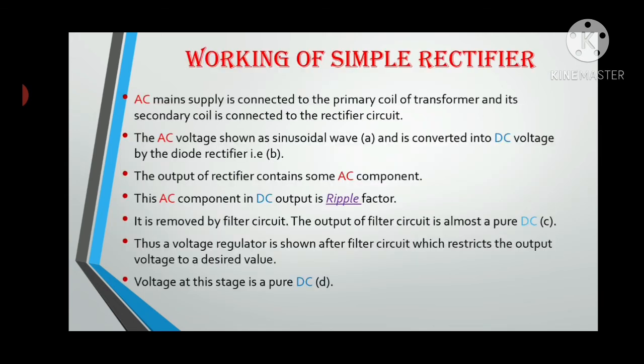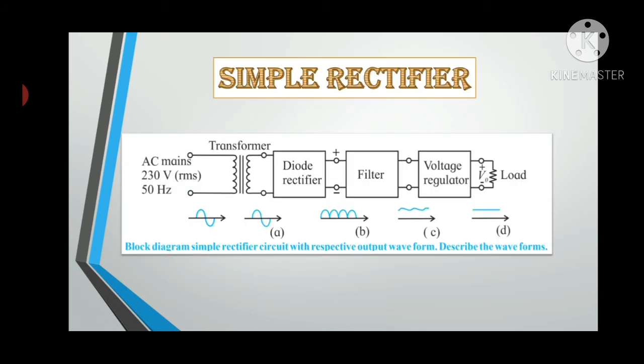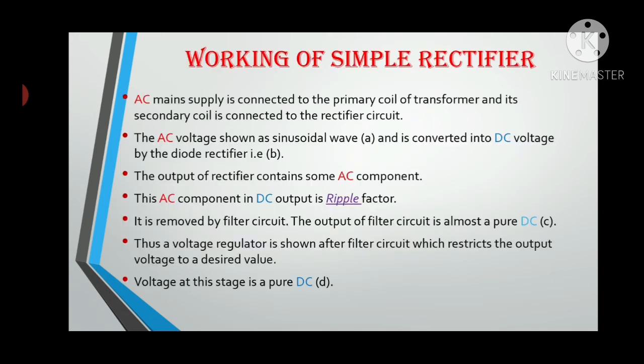The sinusoidal wave A is converted into DC voltage by the diode rectifier, shown in section B. In section B you can see that we have got all the positive cycles, but there is still some AC component in the output of the rectifier. This AC component in the DC output is called the ripple factor.